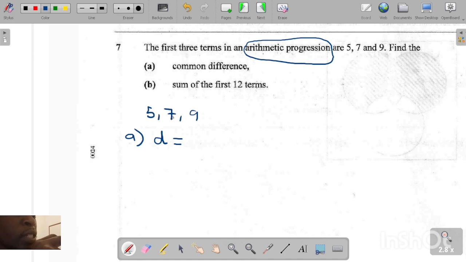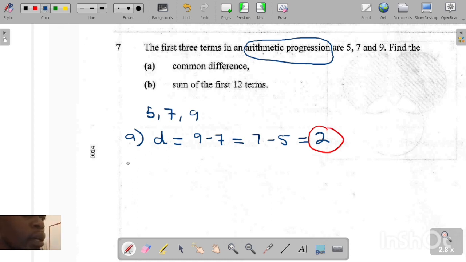So 7 minus 5 should be equal to 9 minus 7. D is equal to 9 minus 7, which is equal to 7 minus 5, and this gives 2. So the common difference is 2.